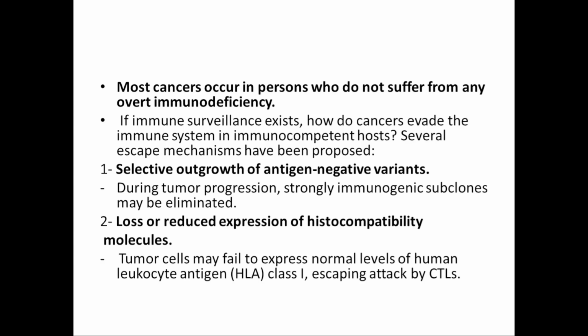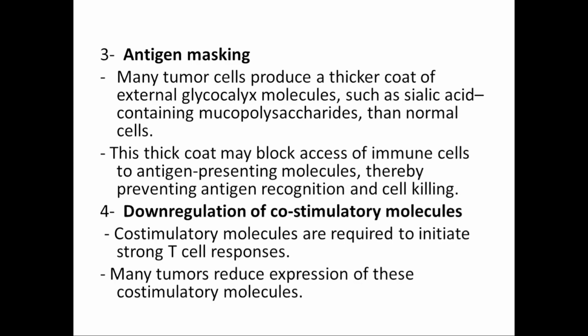Loss or reduced expression of histocompatibility molecules, so they are difficult to be detected by the T cells. Antigen masking: sometimes the cells envelop themselves by a mucopolysaccharide containing glycocalyx molecules، فبتعمل masking، تسكر، زي كأنه بتخبي الانتيجنز الموجودين على السيرفس.